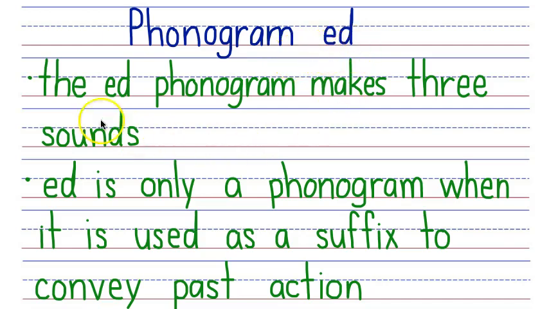The ED phonogram makes three sounds: ed, d, and t. But ED is only a phonogram when it is used as a suffix to convey past action.